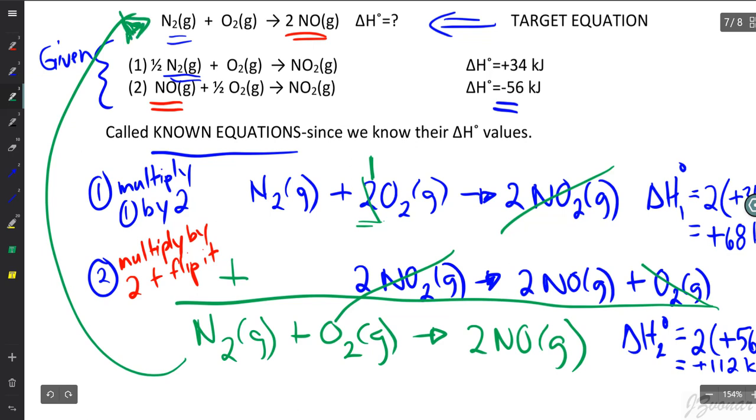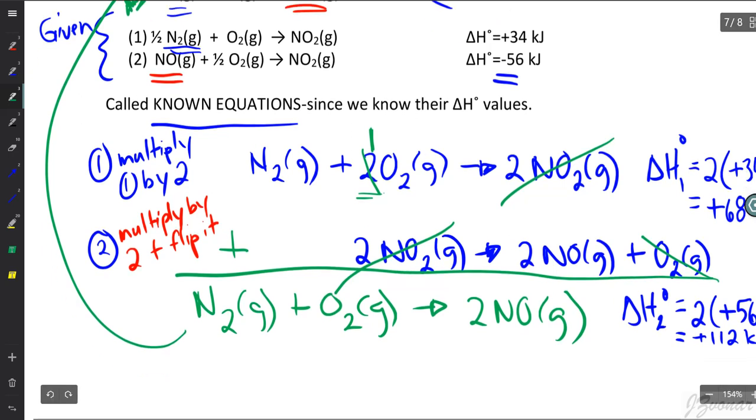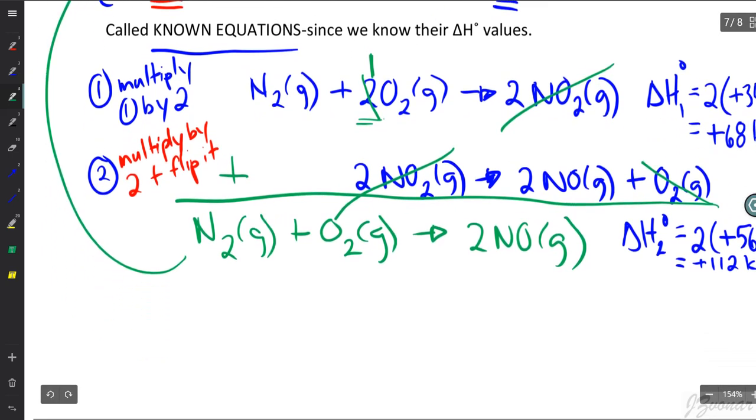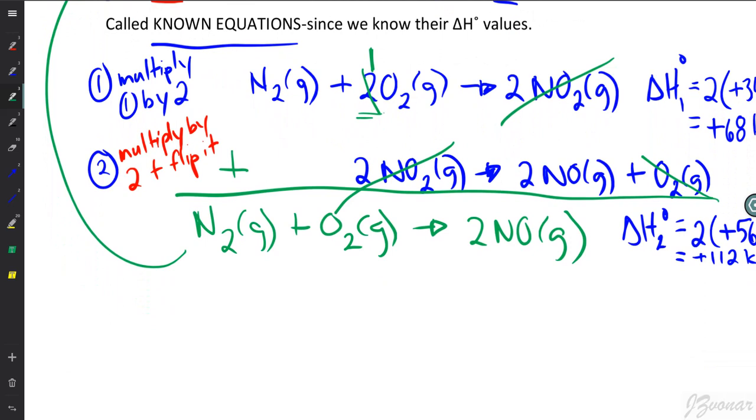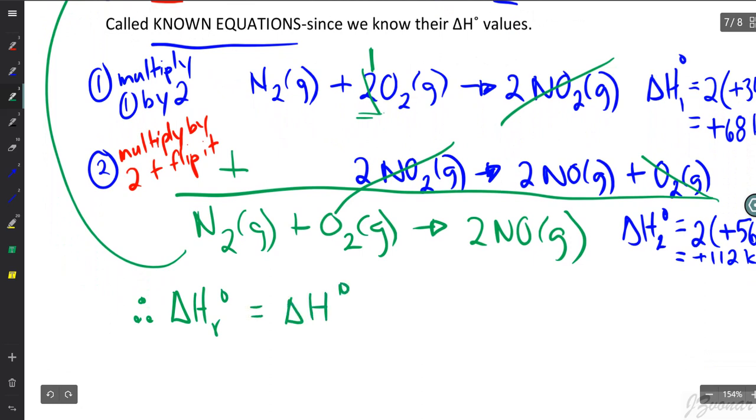Yes, I have. Since I achieved my target equation, I can now add up the delta H values for this particular reaction. Therefore, delta H for this reaction is delta H1 plus delta H2.